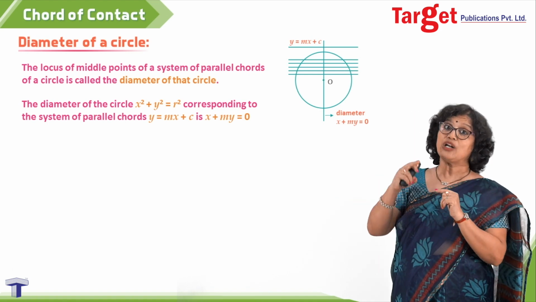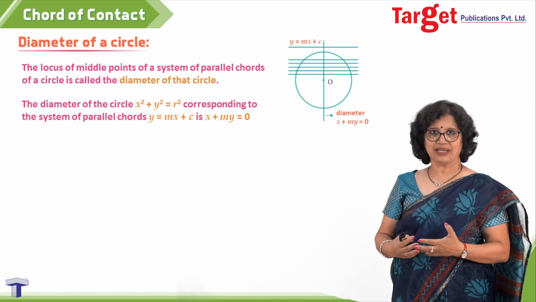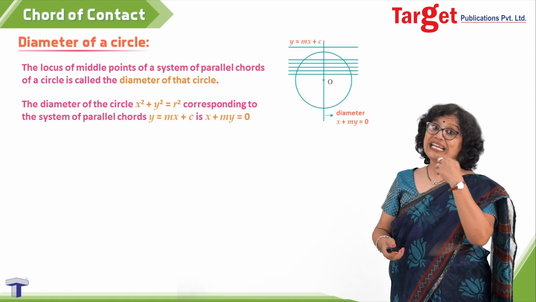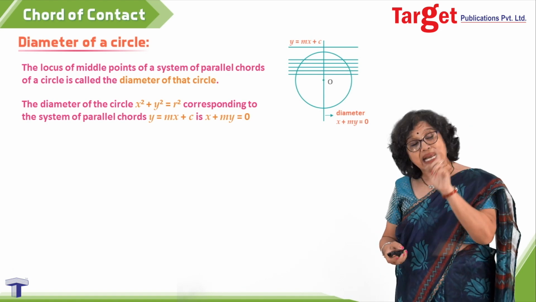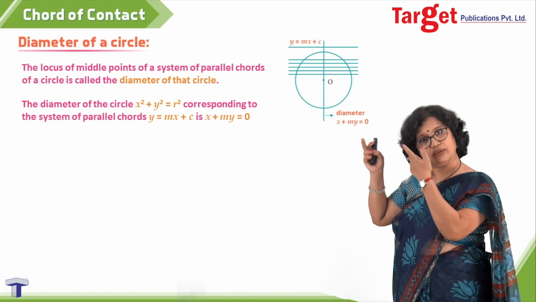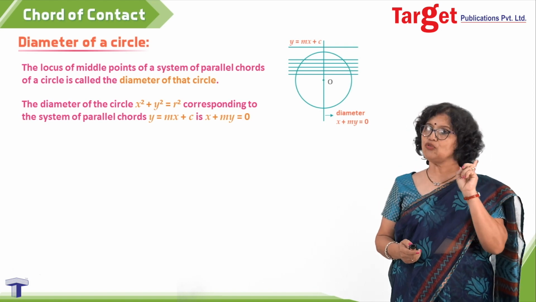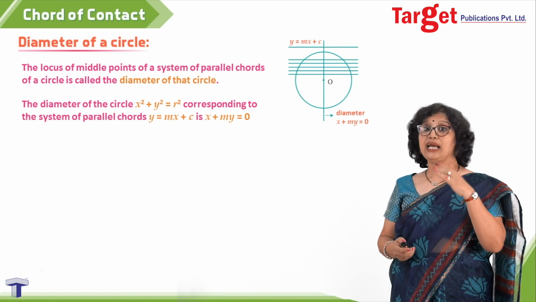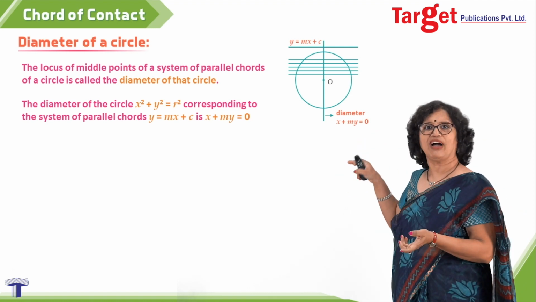So basically that locus we are talking about will surely pass through the origin, correct? And also its slope, the diameter slope, would be negative reciprocal of slope of any chord. So understand one thing, slope of the diameter would be minus 1 upon m, and it passes through the origin. Does that not lead to x plus my equal to 0?